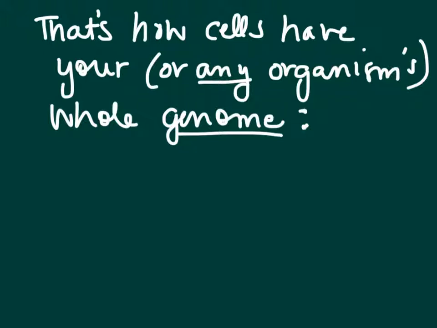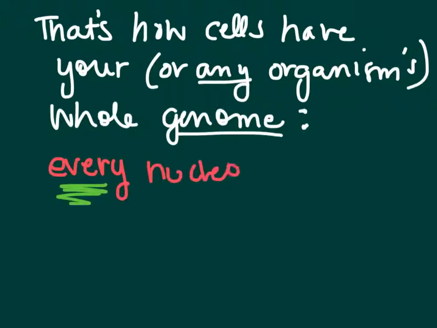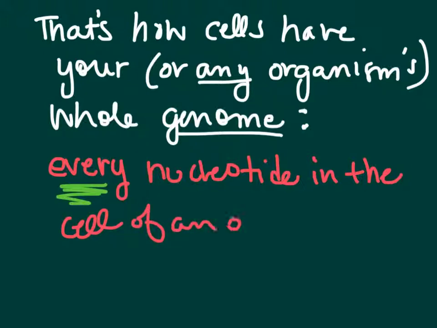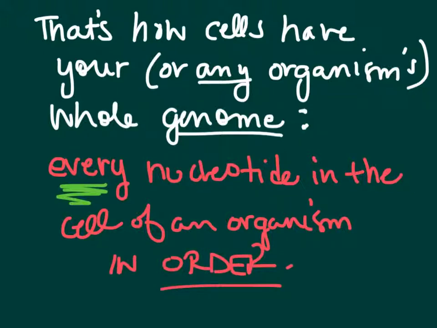All 6 billion of your nucleotides is called your genome. So every single organism has a genome. It's every single nucleotide that it has. So a genome is every nucleotide in the cell of an organism in order.